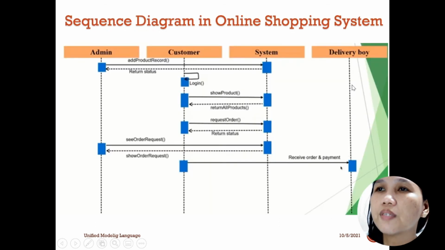Here's an example of a sequence diagram on an online shopping system. Again, this is our third diagram, the sequence diagram related to the online shopping system. So we have the admin, who will check the status. The customer will log in, and then the status will be approved, whether the customer is an approved client to a certain site, for example.